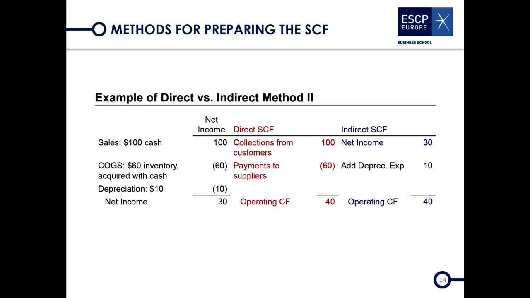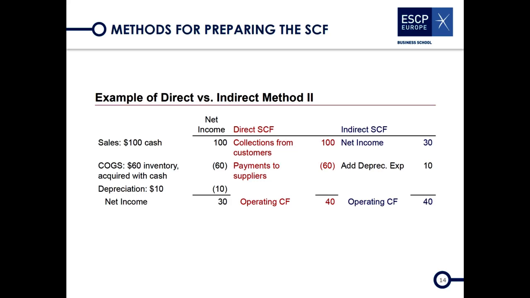Now, the more fun part, the indirect method. Again, we start with net income, here it's 30. But this time we have to adjust for depreciation expense. Because depreciation expense was a negative number, it brought our net income down from 40 to 30.